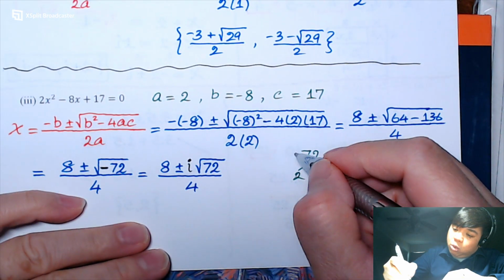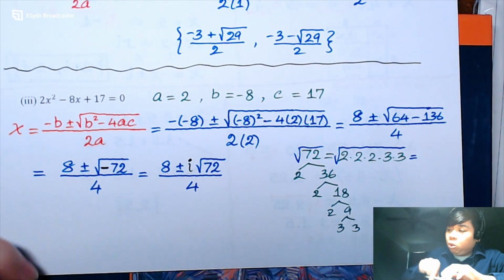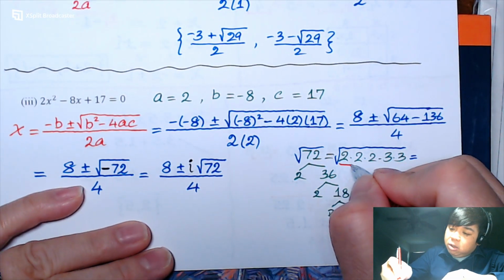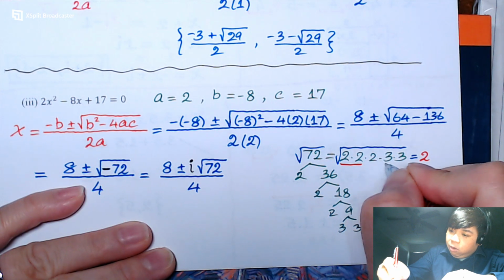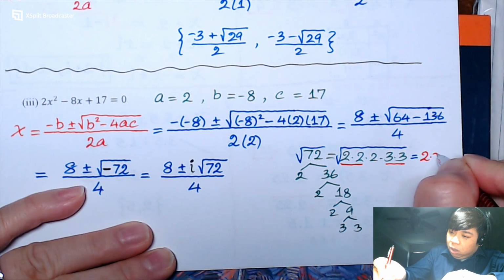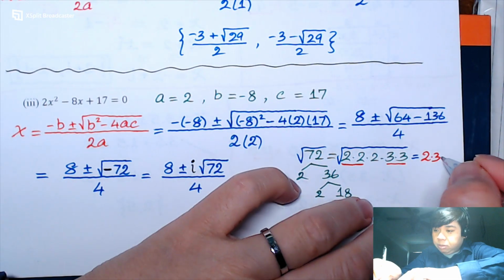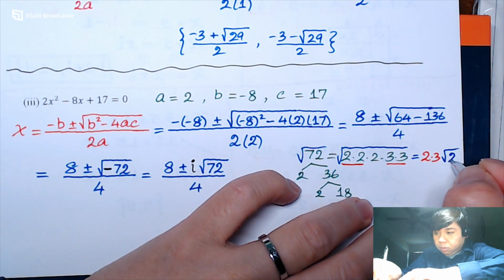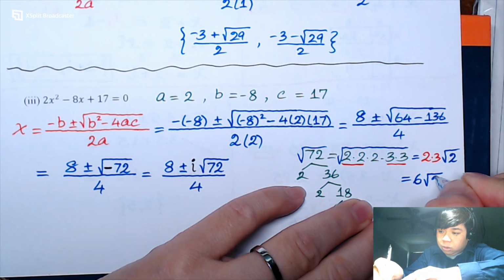Now if we have the square root, in the earlier section we said for every pair of numbers, one of them comes out, and we are left with 2 inside the square root. So that is 6 square root of 2.